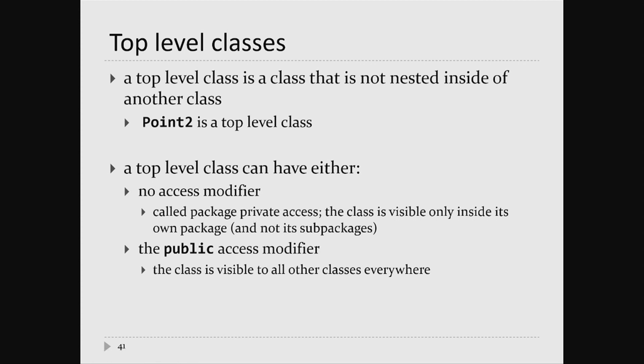So the access is said to be package private. What does that mean? It means the class is visible only inside of its own package. So only inside of its own package is that class actually usable. For now, everything's going to be public because we want to be able to use these classes freely. Later on, you'll see why we choose to make some classes package private.